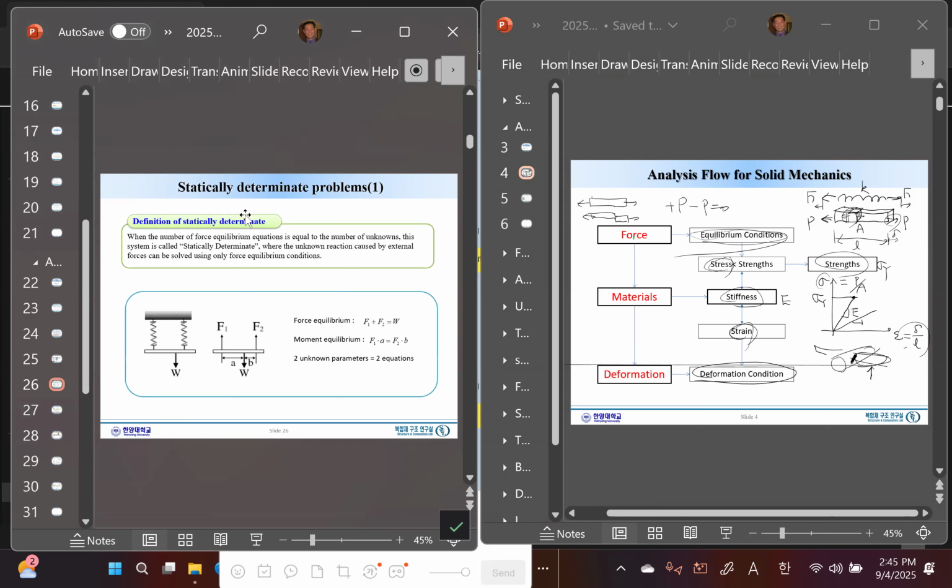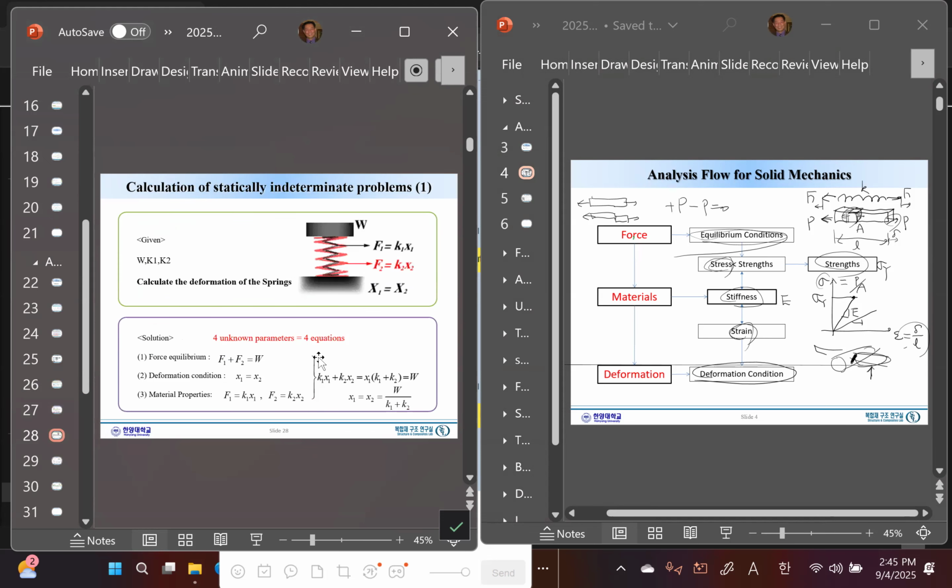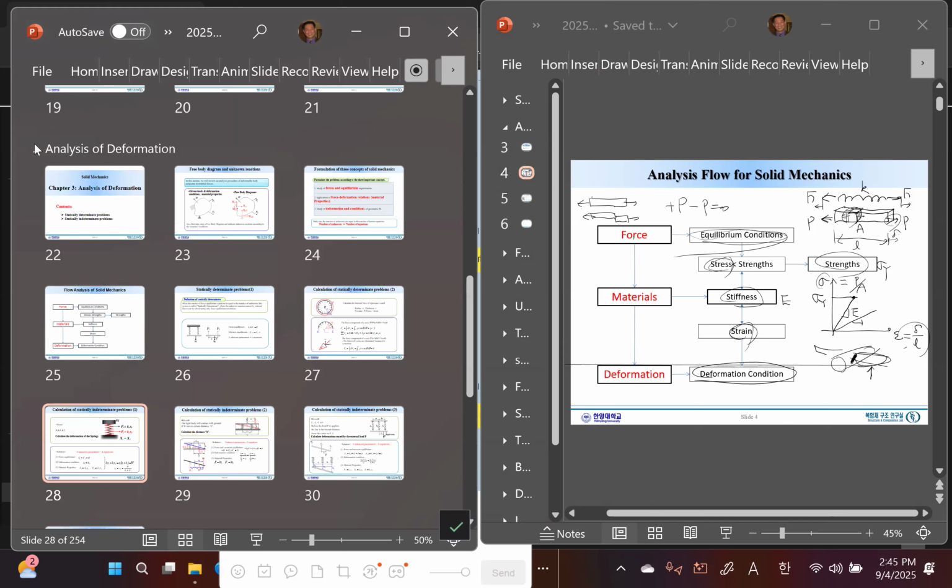And so the deformation, let's say we have a certain bar subject to a spring, and no matter how it deforms, there should be some deformation condition. Let's say this bar is straight, etc. So this is the subject we cover in deformation and deformation conditions.